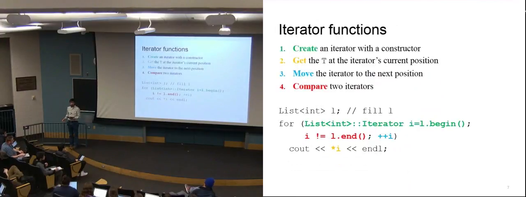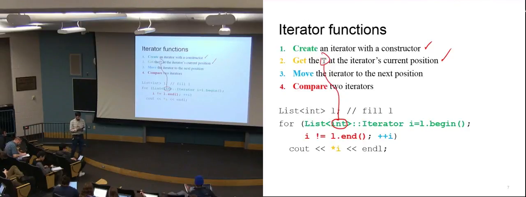So we're going to write 4 functions. We need to be able to create an iterator. We'll use a constructor to do that. We need to get the item that's at the iterator's current position. T in this example is an int. We need to move the iterator to the next position, and we need to compare 2 iterators. It's helpful to think about the functions with the color coding and where they show up in the code.